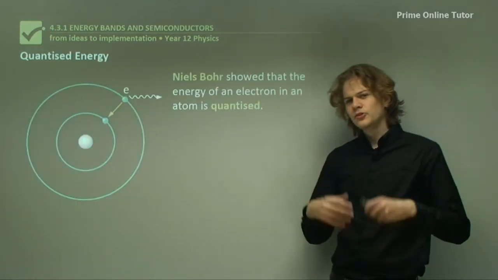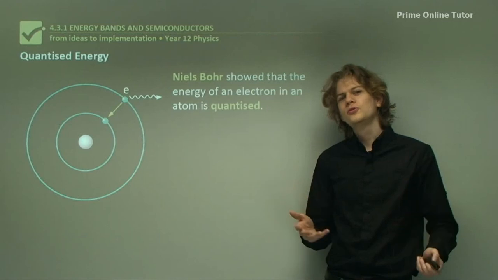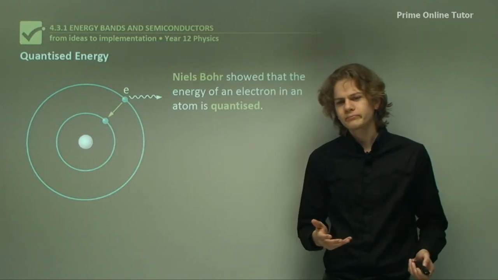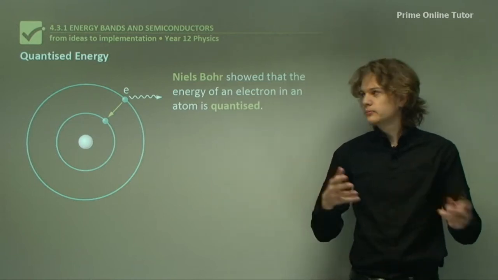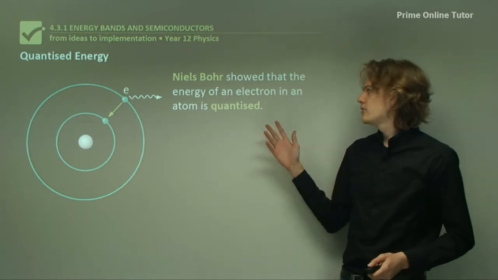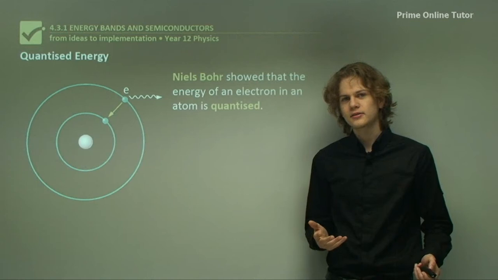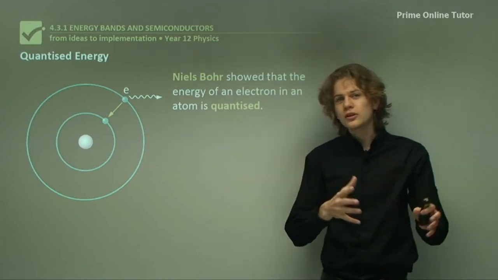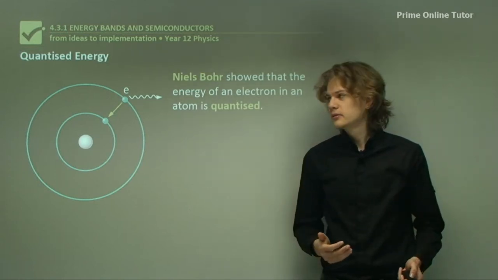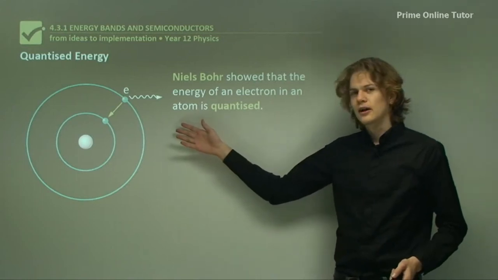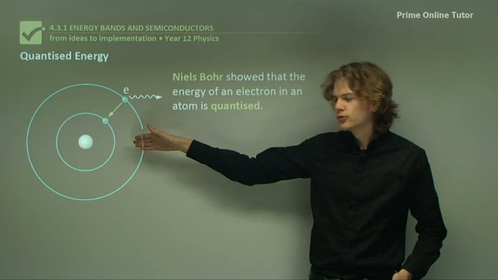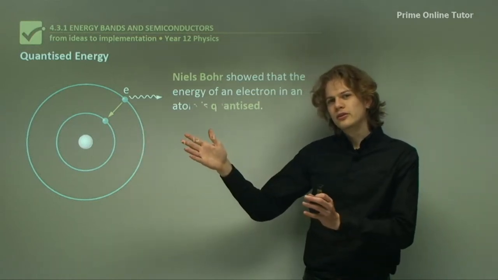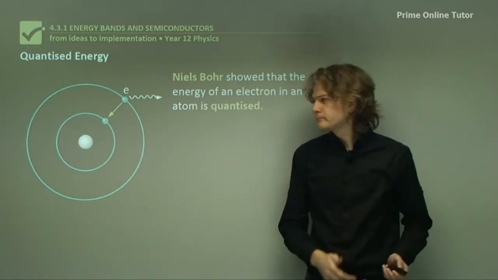Now, there was a problem that confused physicists for a long time concerning electrons. Niels Bohr, some time ago, showed that the energy of an electron in an atom is quantized. That is, it can only take on certain quantities and not in between quantities. So in the case of this diagram, the electron would jump from this big circle to this smaller circle without really going through any of the spots in between.